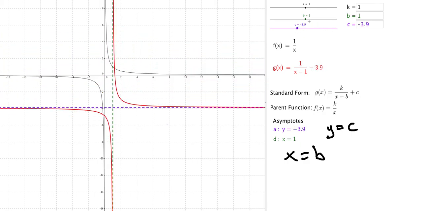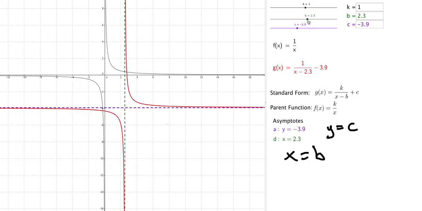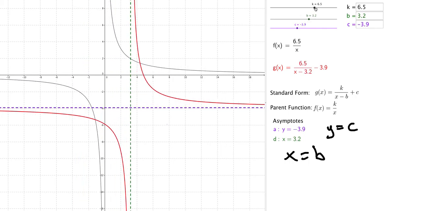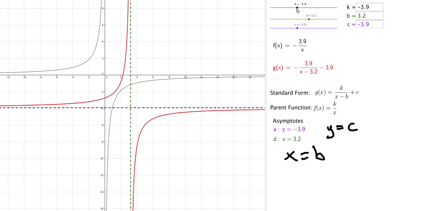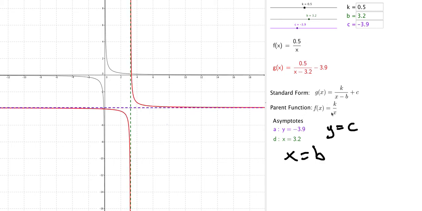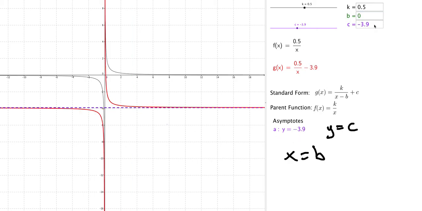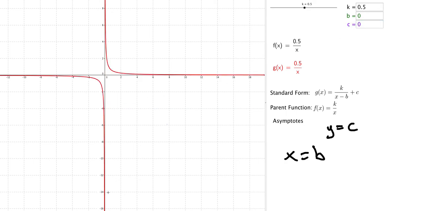Pretty much the same as everything else. The k value changes the parent function also. So the parent function is here, f of x equals k over x, and then these shift also. Alright, let's set these back to 0, and then let's do a problem from your book.